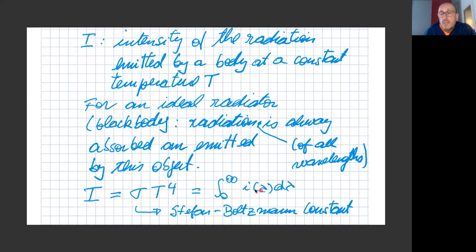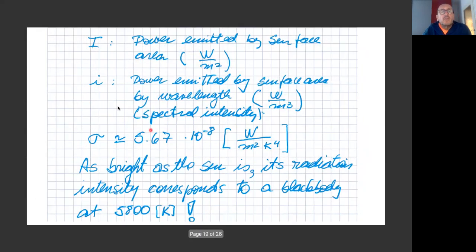So this guy here should be watt per meter cubed, okay? So that's the difference between the big I and the little i. Unfortunately, the book doesn't make this difference so obvious. It writes the little i as the big I as a function of lambda, so it could be ambiguous there. I'd rather use this notation, okay?